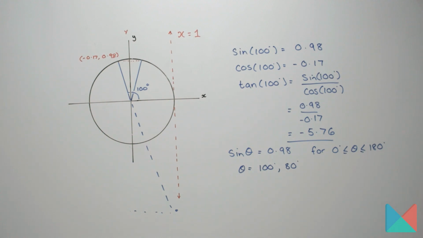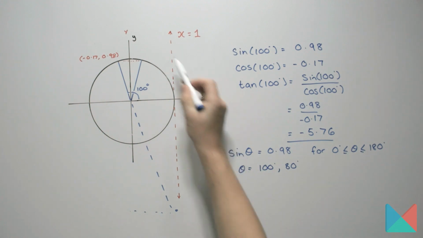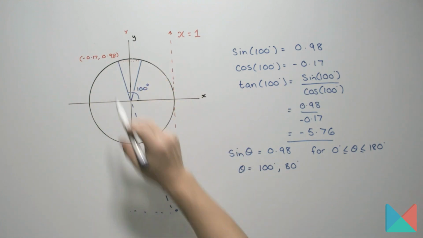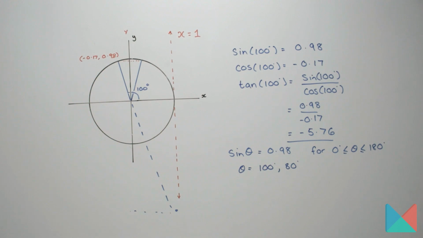Otherwise, there will be an infinite number of solutions where we can keep going around the unit circle and keep getting sine values of these angles that give a y coordinate of 0.98. And we can also go negative angles for that matter. So the domain here is between 0 and 180 degrees. Are these angles both between that domain? Yes, and so there are only two solutions for this problem.